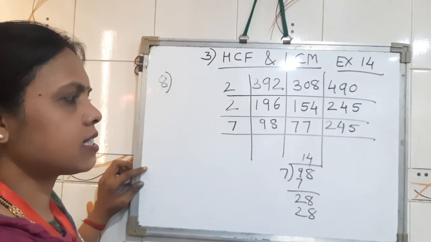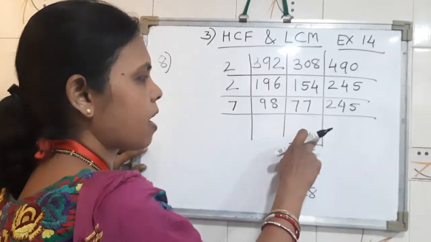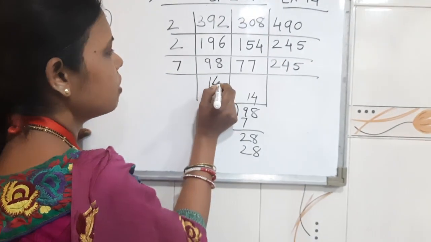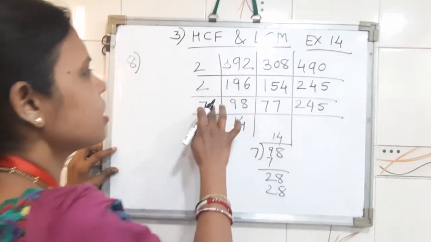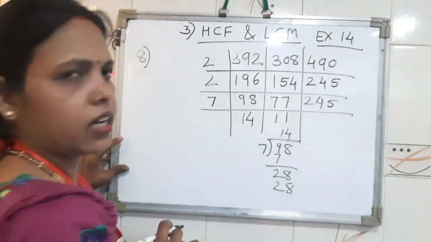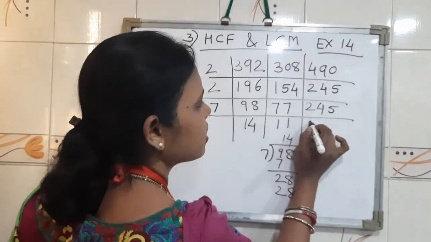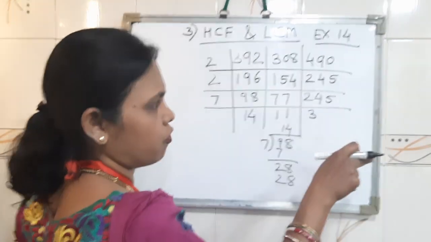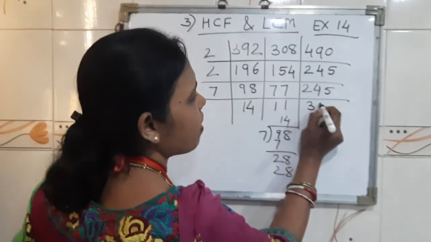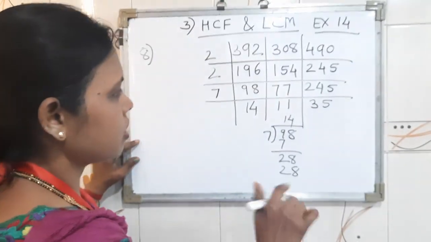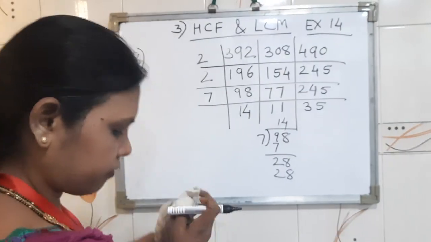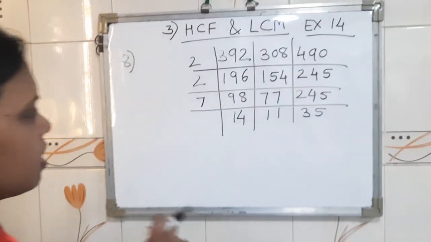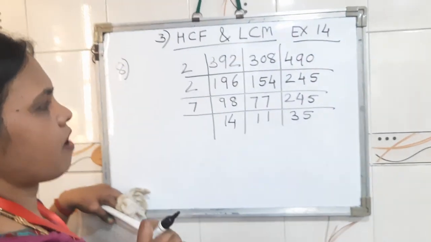As we all see, 7 multiplied by 14, we get 98. That's why we will write here 14. Next number 7 1 is 7, 7 1 is 7. Next number 7 3 are 21, then 3 and 5. 7 5 are 35. So children, here again we are getting 14, 11 and 35.